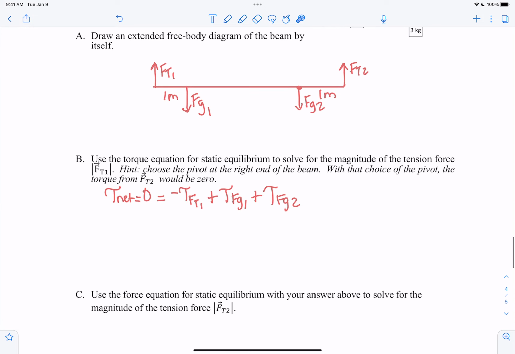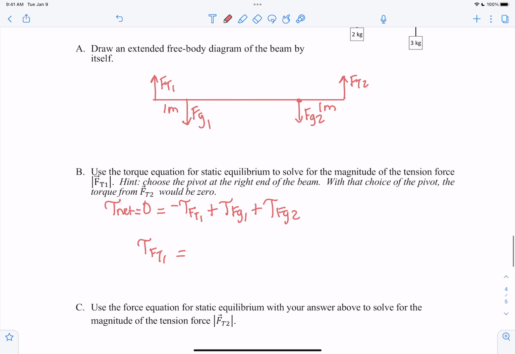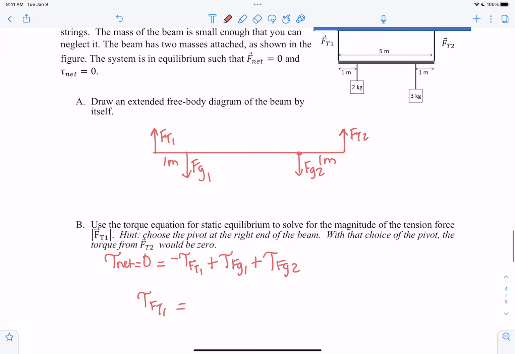Nope. Okay. So now we can calculate the torque due to Ft1, and that's equal to just the combination of these torques here, right? So we have torque due to Fg1.